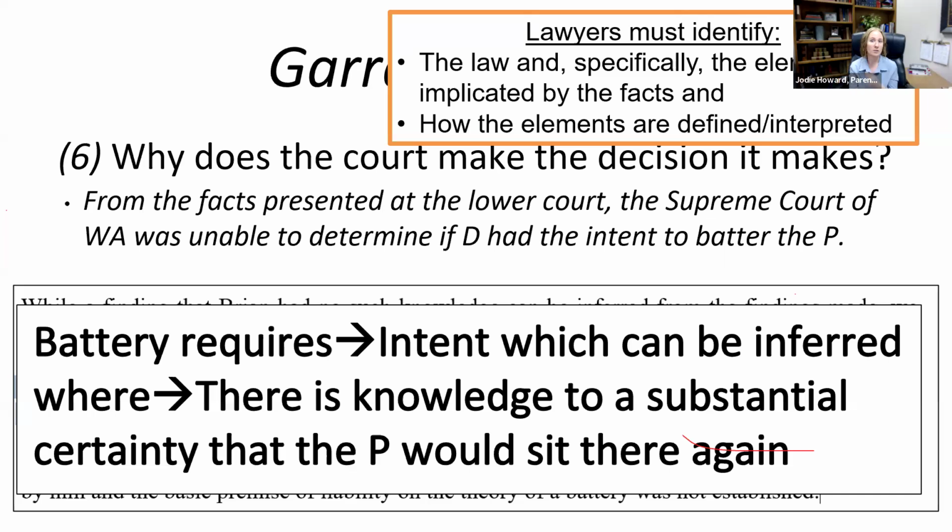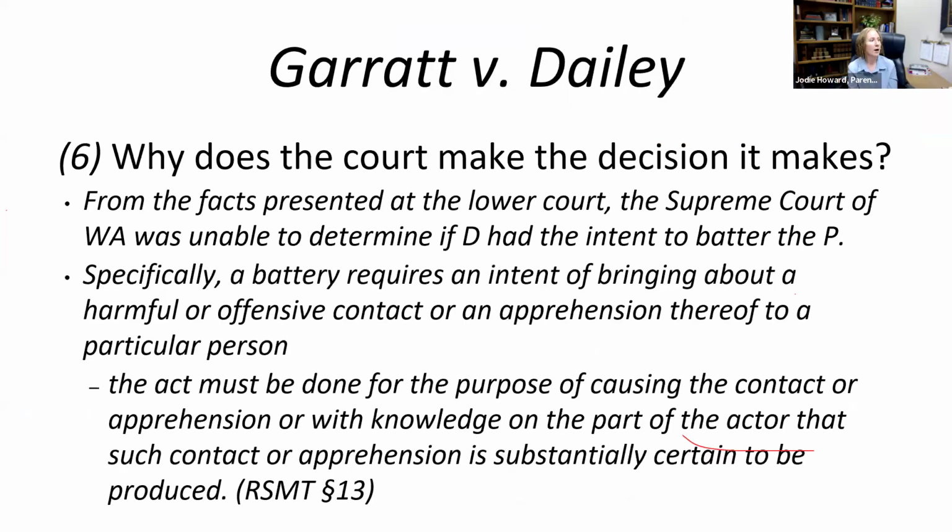And so that's what we ultimately have to determine: did Brian Daly know to a substantial certainty that Garrett would try and sit there again and then get hurt because her chair was gone? And this is a helpful case for that because it shows we don't have enough to determine that. We don't have enough information to determine what was going on in that boy's mind, right?